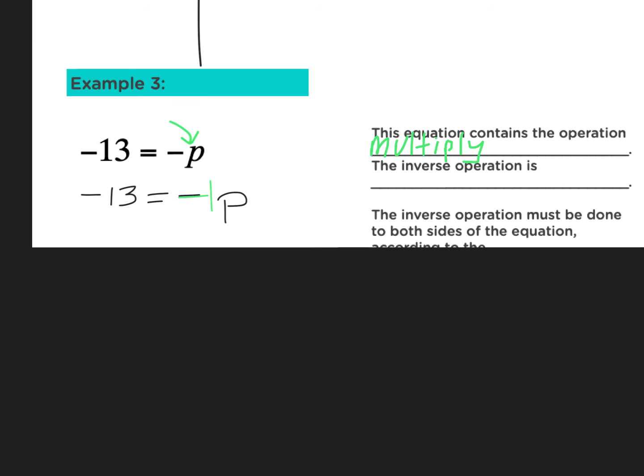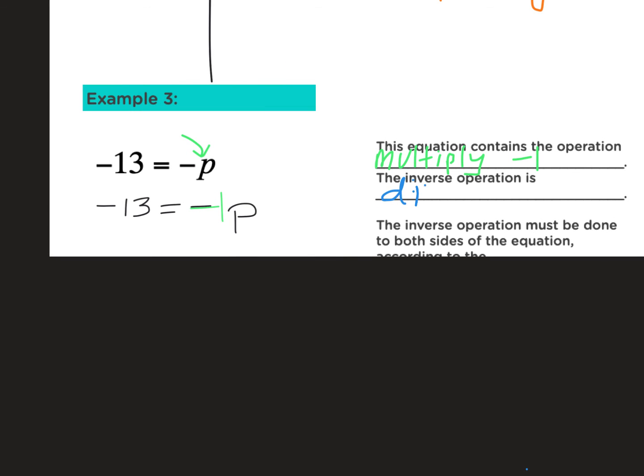There's technically a secret 1 in front of that P. So how are we going to cancel out multiplying by a negative 1? We're going to divide both sides by negative 1. Kevin, you made my day. I really thought nobody was going to know that. Good job.